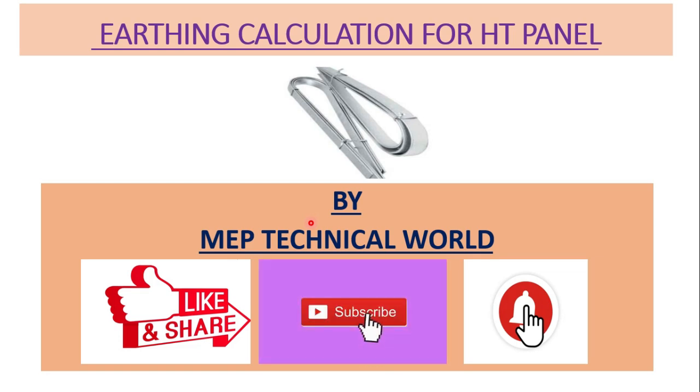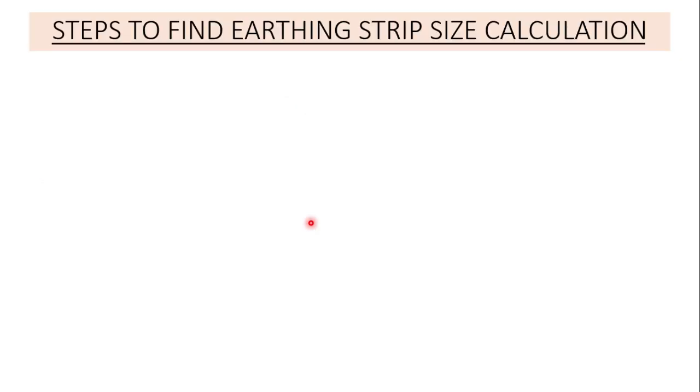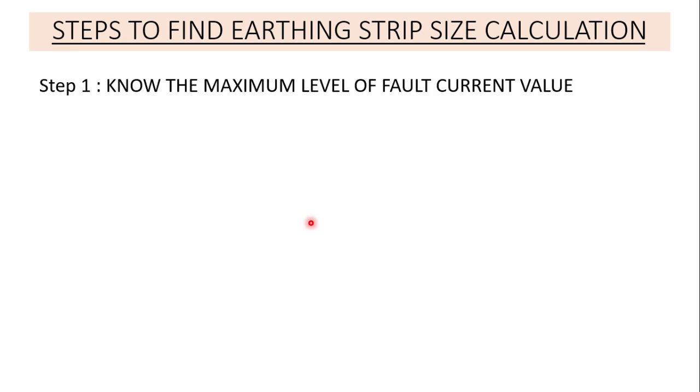So let's get started. Here are some steps to find the earthing strip size. During the calculation we have to follow these steps. In step 1, we have to know the maximum level of fault current value.